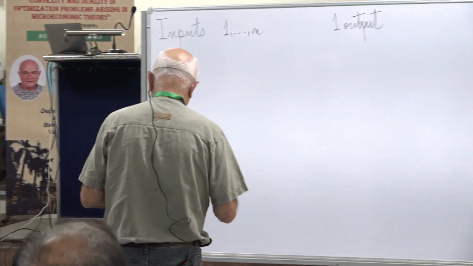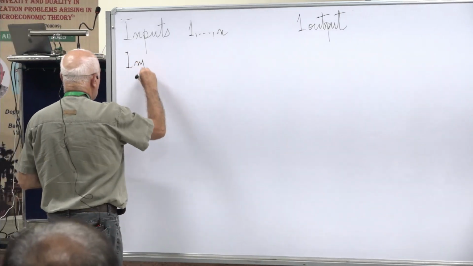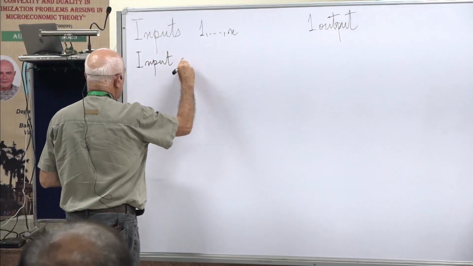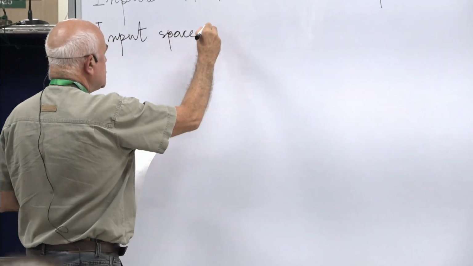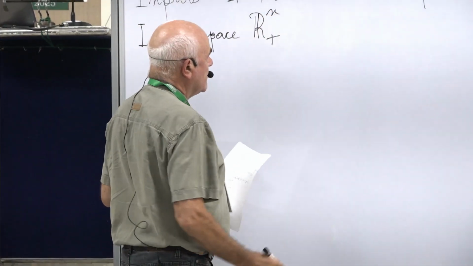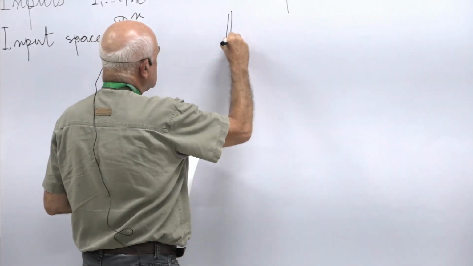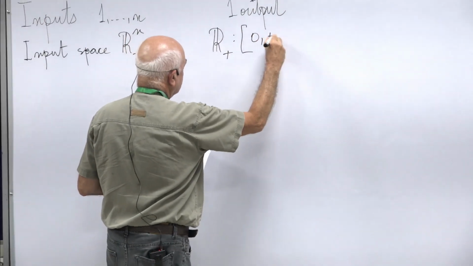so we consider the input space, which is R plus to the n. R plus is the non-negative half line.